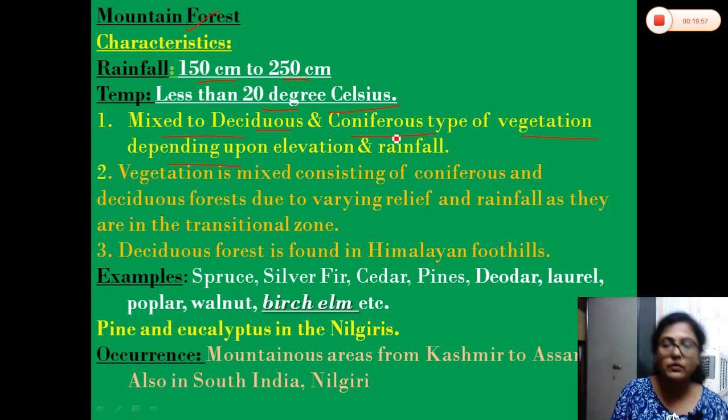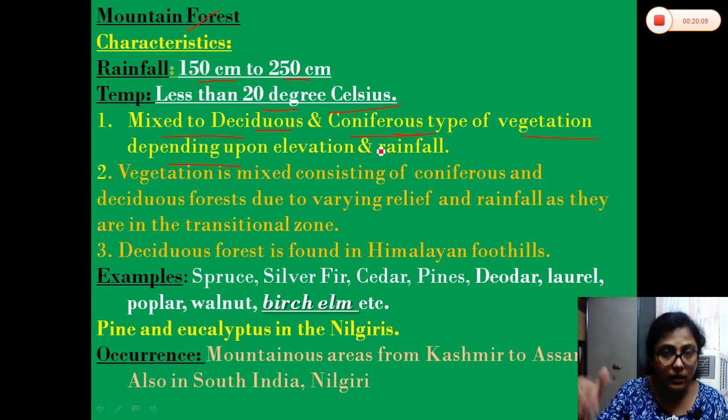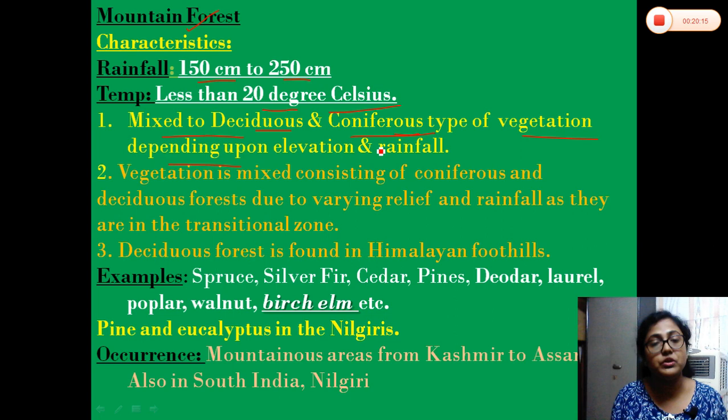With altitude the nature of the trees changes. In the Himalayan region, at the foothills, you can observe deciduous trees. Then at about 1000 to 2000 meters height, you can observe moist temperate type of trees.